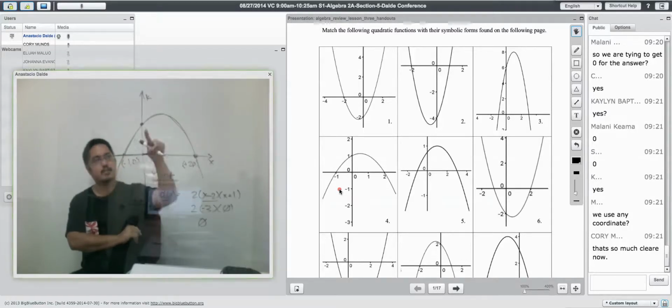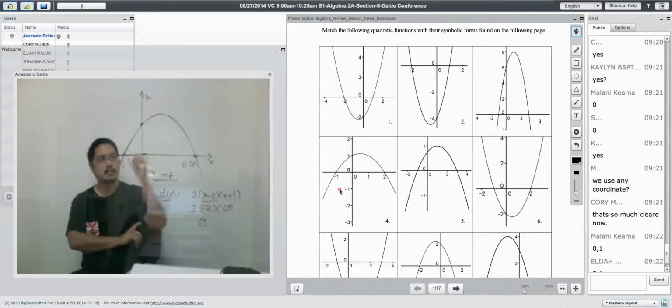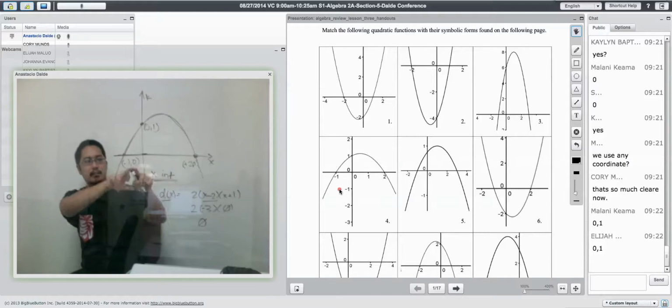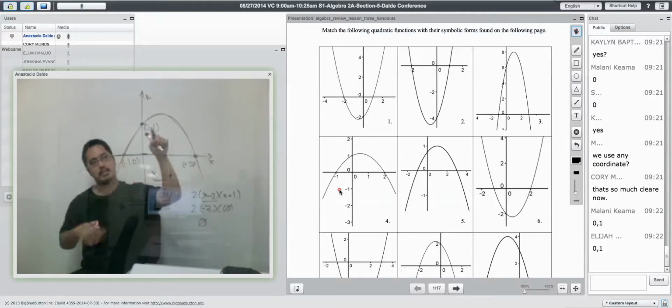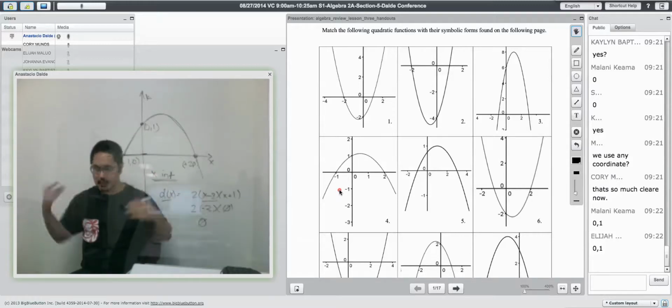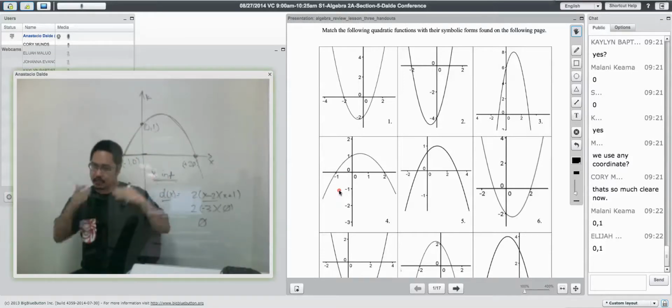What are the coordinates of this point right here? 0, 1. Now notice how this one ended with a 0, this one ended with a 0, this one started with a 0. Because this right here is called the y-intercept. When you find the y-intercept, you're making the x equal to 0, which is the first number. Am I being clear to you now?